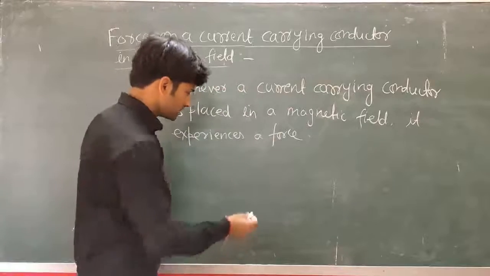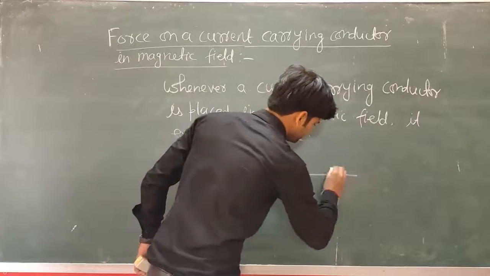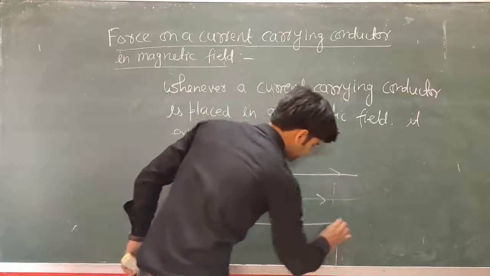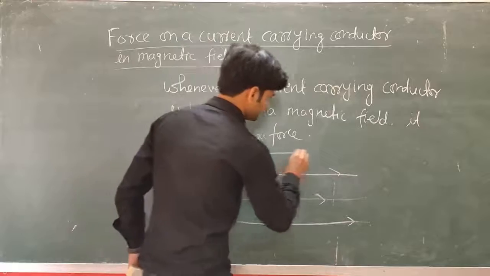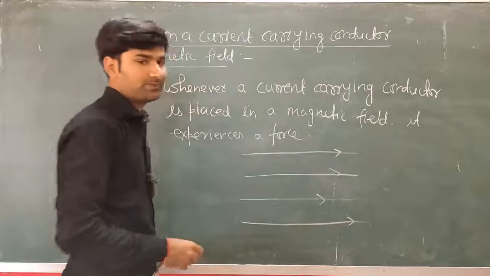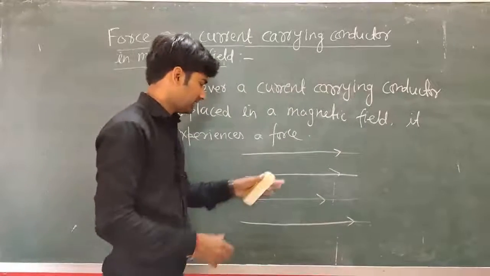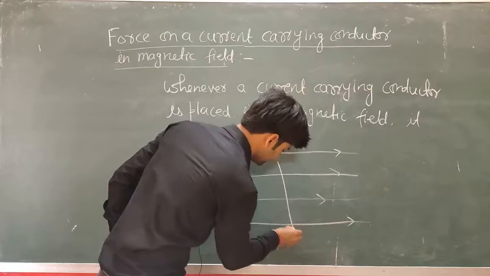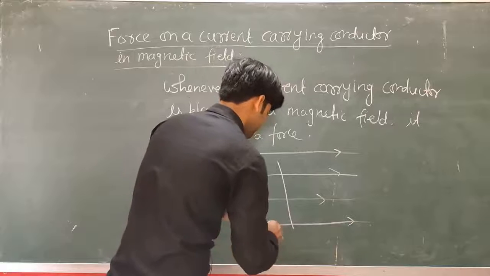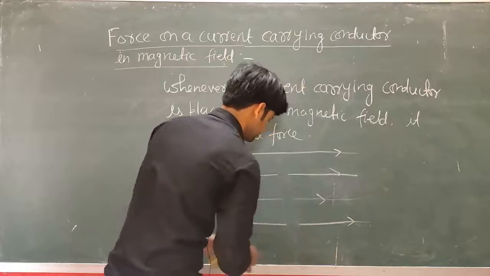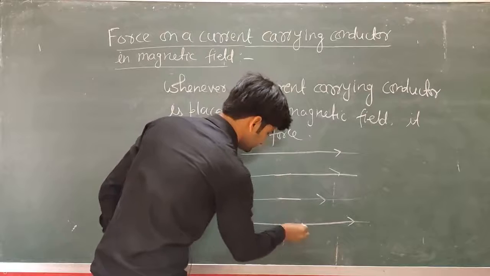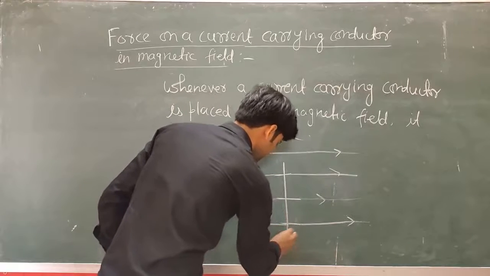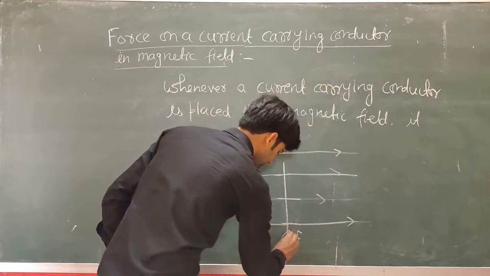It means, suppose I have a magnetic field. This is a uniform magnetic field. If I place a current carrying conductor in this magnetic field, suppose this is a conductor in which current I is flowing.